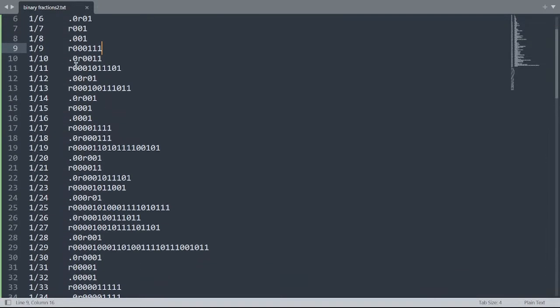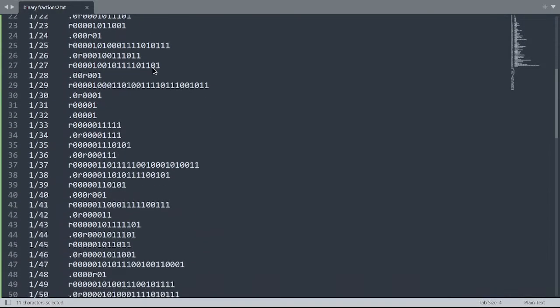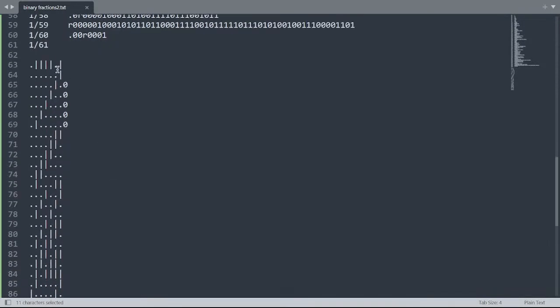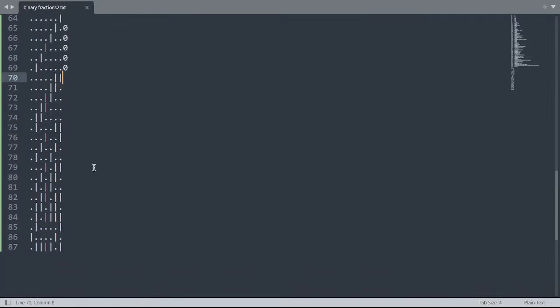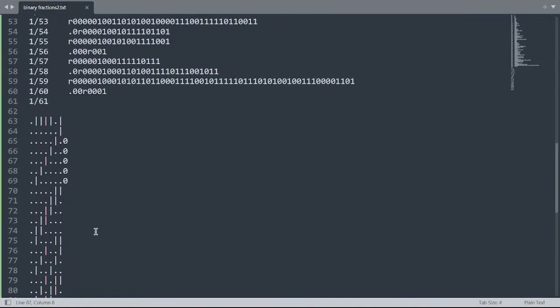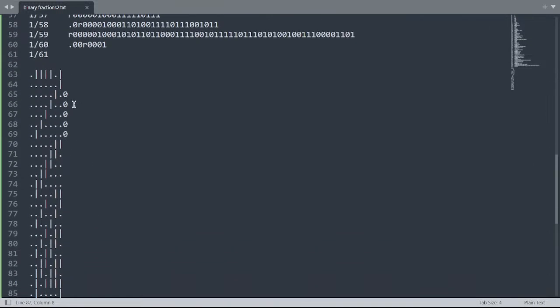The rest of them are done using the magic sequence, which is you start with 1 and then you keep doubling it, and if it rolls over your number, you take modulo, and then you keep doing that until you reach 1 again. And then between them, when it's increasing, it's 0.